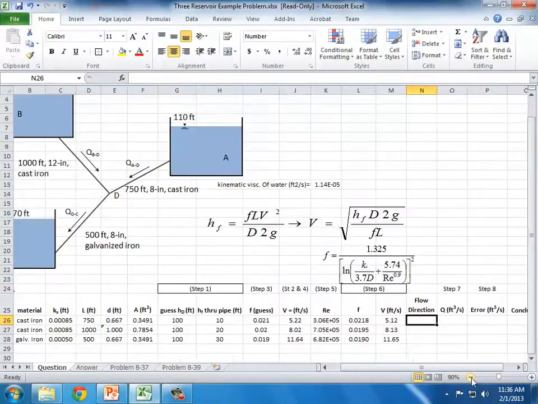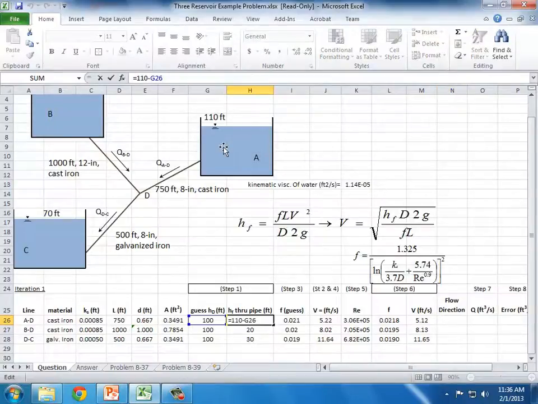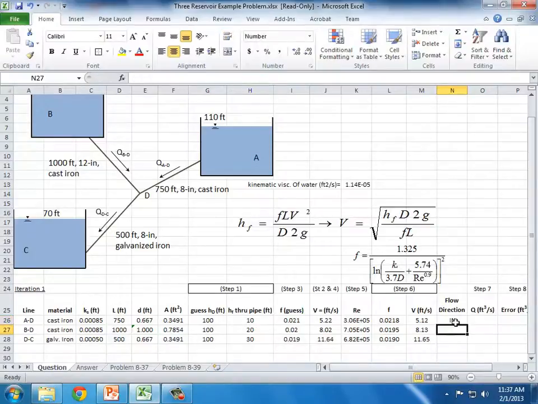And so in the first row, it was AD, and what we assumed is that there was more energy at A than at the junction. And so the flow is going in to the junction through that pipe. The flow is going into the junction through pipe BD, and through pipe DC, the flow is going out of the junction.